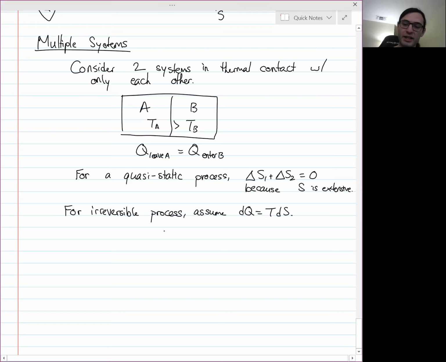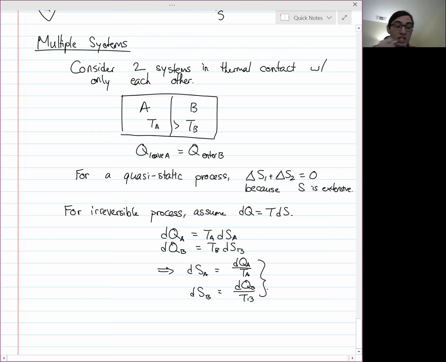In that case, dq_A would be equal to T_A times dS_A, dq_B would be equal to T_B times dS_B, which would imply that dS_A is equal to dq_A over T_A, dS_B is equal to dq_B over T_B.